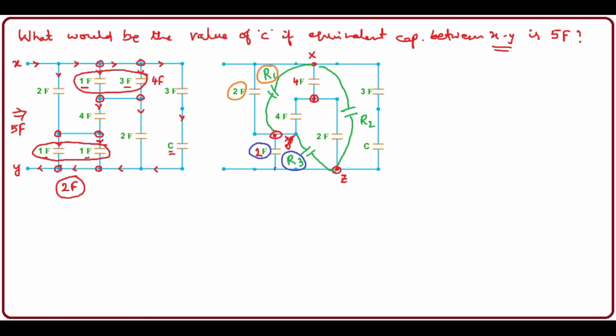And this R2 is in parallel with the series combination of 3 and C. In this way we can approach this problem. Let us see how these things can be converted.